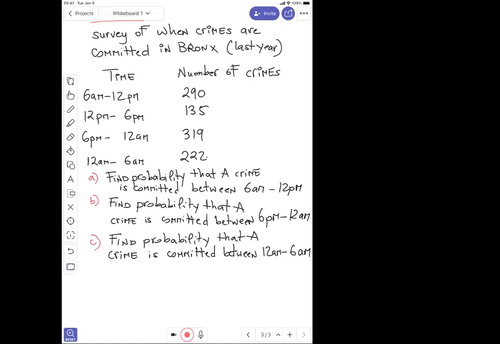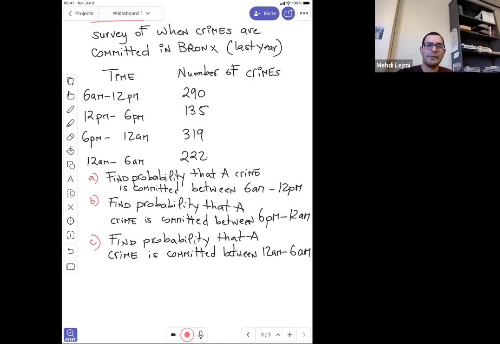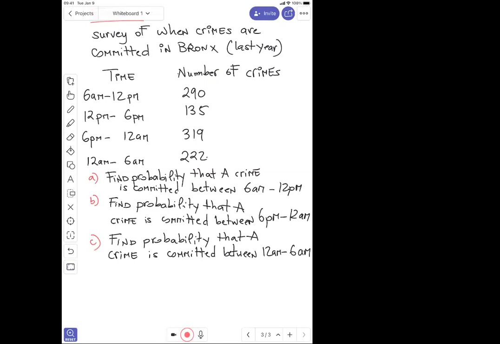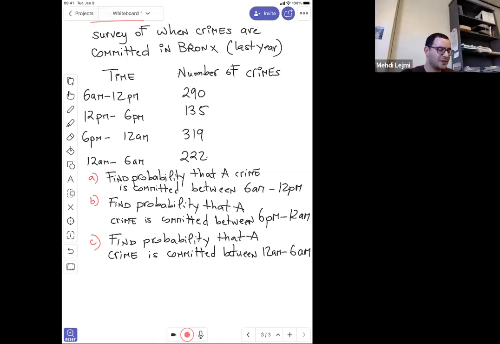So for the top, it's the frequency of the event. Here we're talking about the crimes committed between 6 a.m. and 12 p.m., right? So we have 290 crimes committed between 6 a.m. and 12 p.m. So that's the frequency of the event.